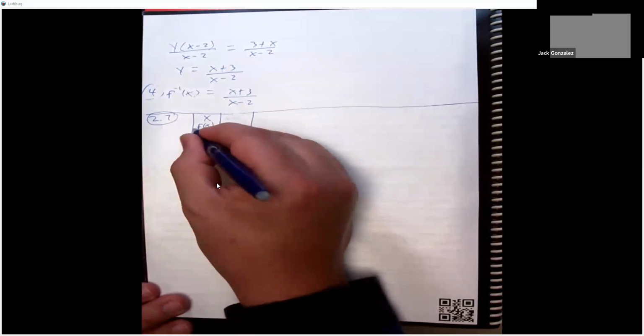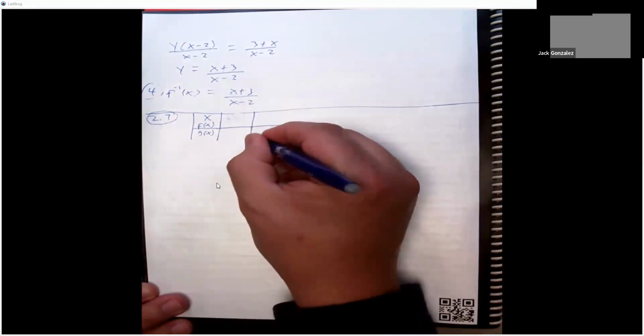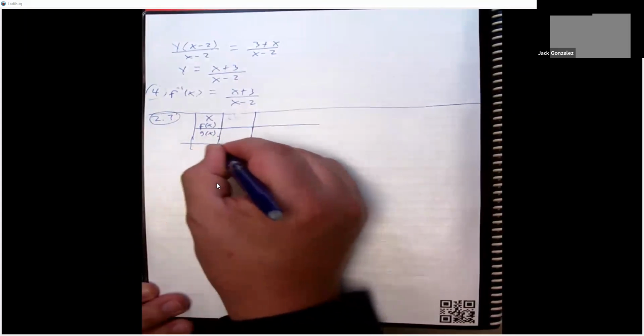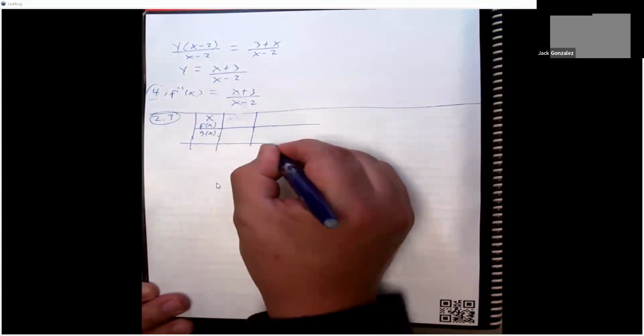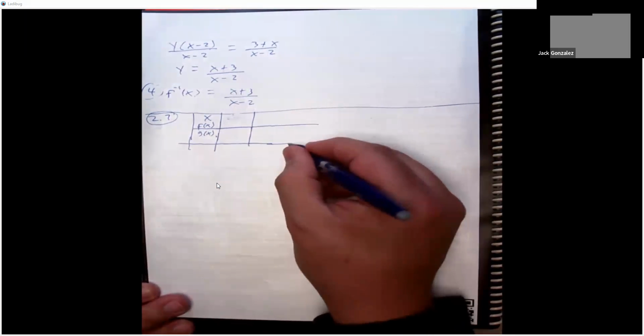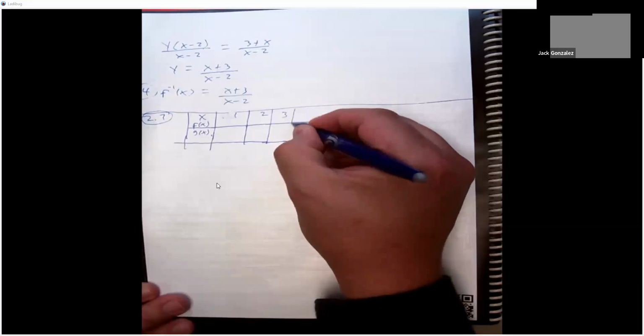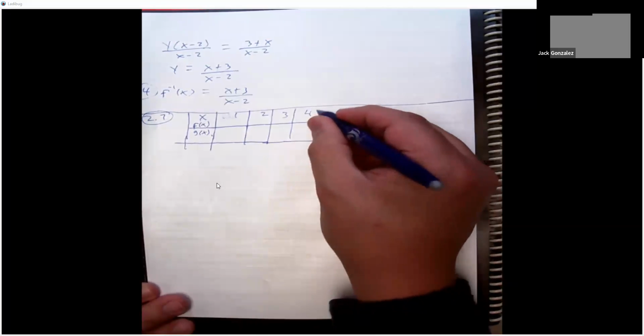Okay, so these will be the outputs of F. Sorry about the delay. 1, 2, 3, 4, 5, 6.